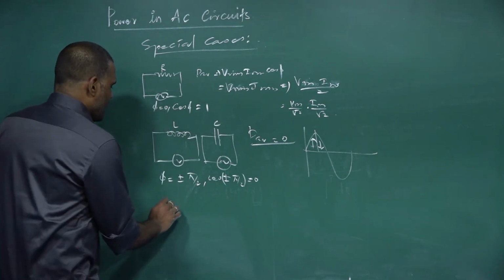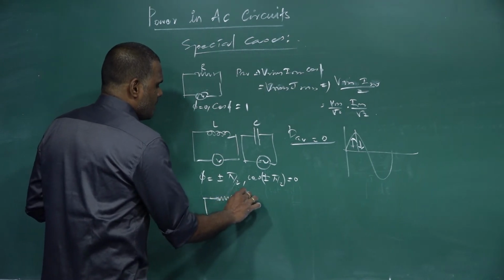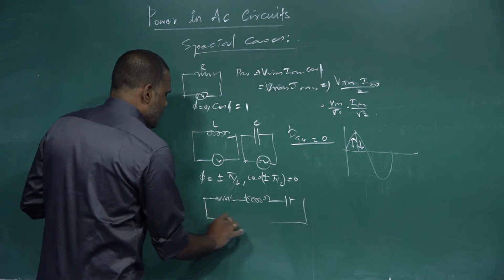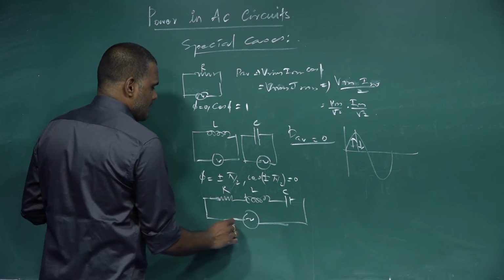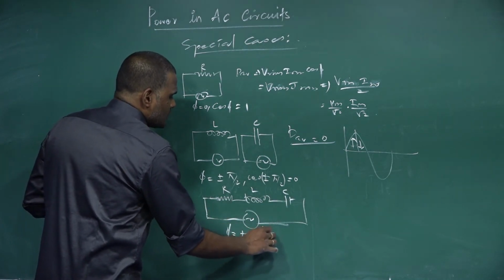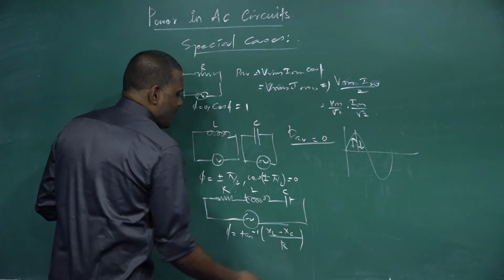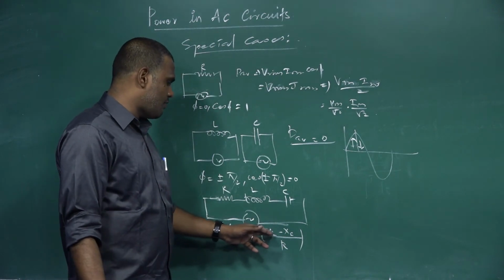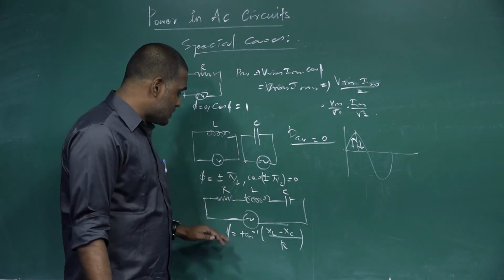Suppose we are going for a series RLC circuit, R, L and then C. What is the phase angle here? Phi equals tan inverse of XL minus XC divided by R. You might have seen this in a series RLC circuit. So power factor is cos of this phi.